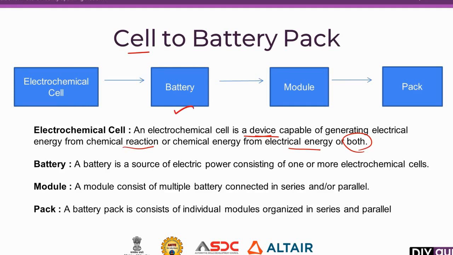Then comes the module. A group of batteries, when they are connected either in series or parallel, a combination of series and parallel connection, we form a module. Then these modules again can be recombined in the form of series and parallel to form a pack. So a battery pack is a combination of electrochemical cells, which are made into batteries. Groups of batteries are again converted into modules.